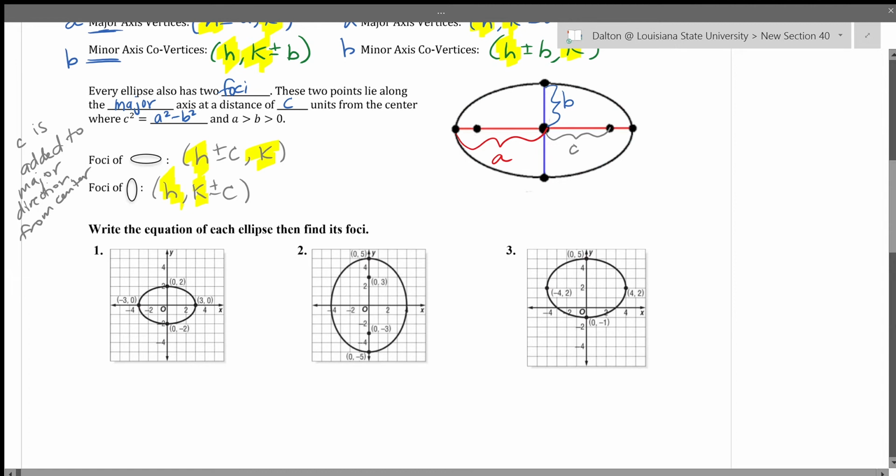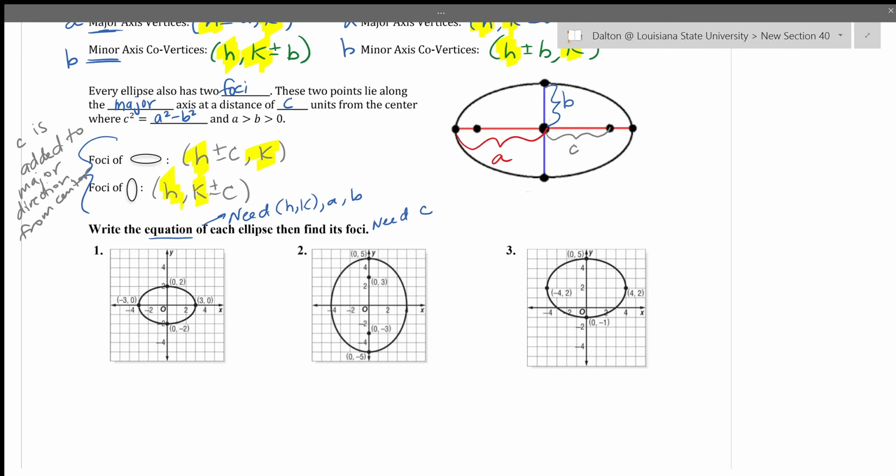In order to write the equation I need the center point H, K, and I need A, and I need B. For the foci, if I look right above this at these two coordinate points, I need the center point and I need C, which we were already going to find the center point for the equation. So the new thing is that we just need C. So basically, we need H, K and then A, B, and C.